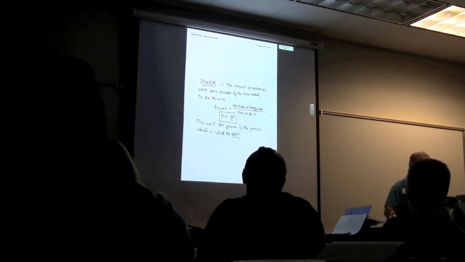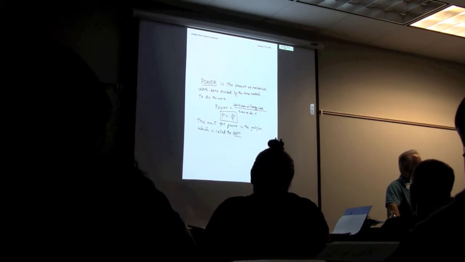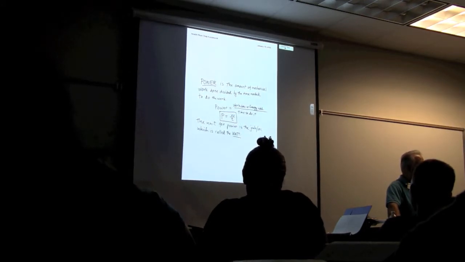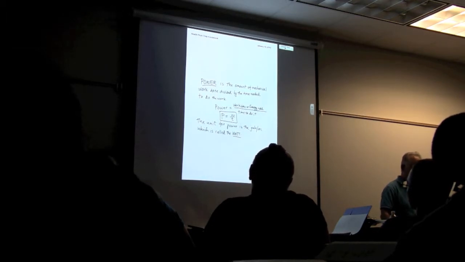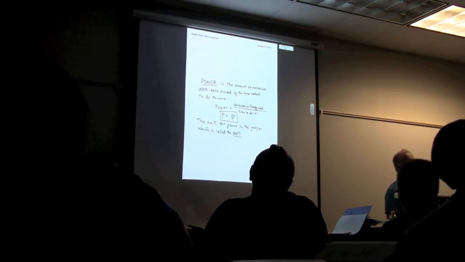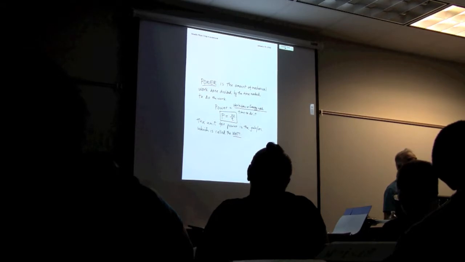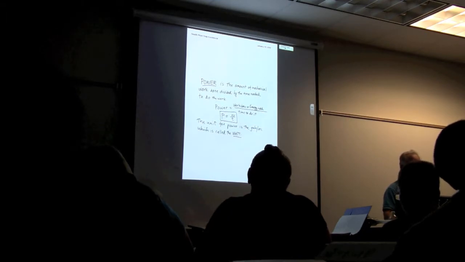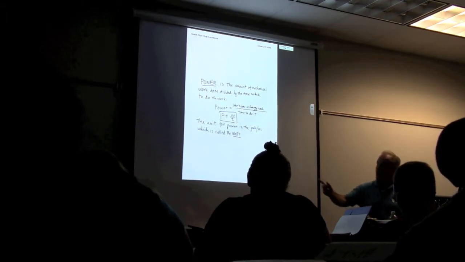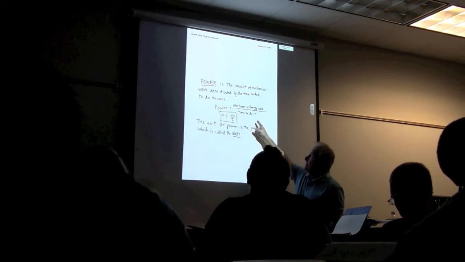Now, power. And we're going to do a lab on this. Those of you that have a lab, we're going to do a lab on work and power this week. But power is the amount of work that you do divided by how long it took you to do it. In other words, the faster you do the work, the more power you're said to have expended. So it's always going to be the amount of work that you do divided by the time to do it.